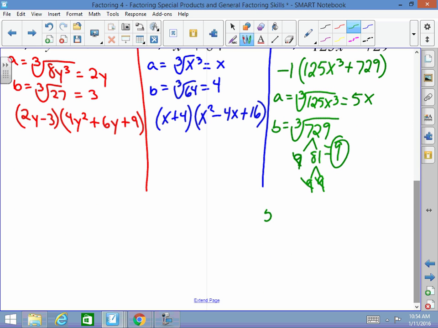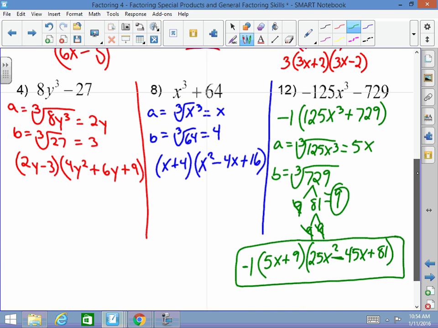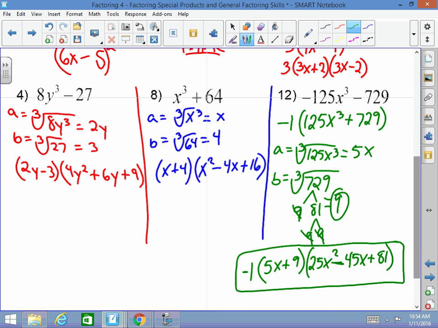So I have A plus B with a -1 out here because I need my GCF times A squared. Excellent. Change the sign, minus A times B plus B squared. I know that it's going to take a little bit of time for you to memorize those formulas, but you got to admit, it's not difficult.